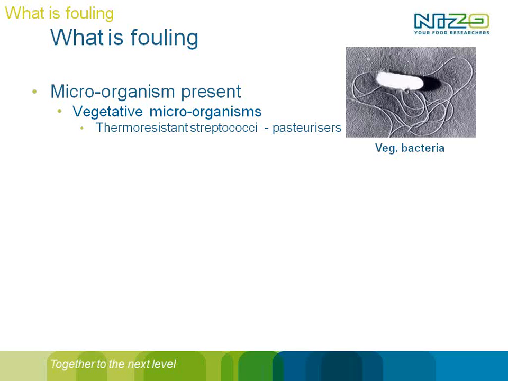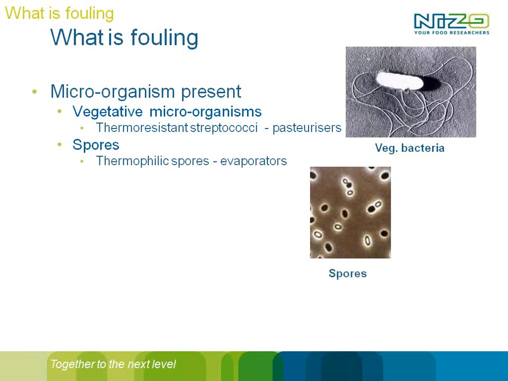An example is the thermoresistant streptococci, which are famous for growing very fast in the downside regenerators of pasteurizers. And they grow so fast that they can even increase in concentration, so that you have more at the end of the process than at the beginning of the process. So you get some kind of fermentation process actually in your heat treatment equipment.